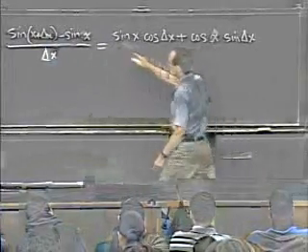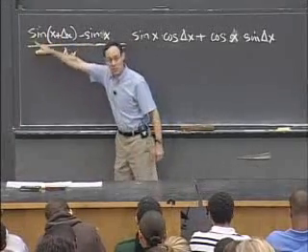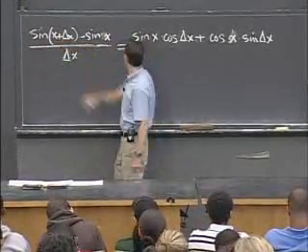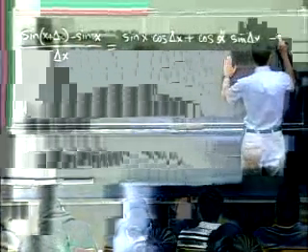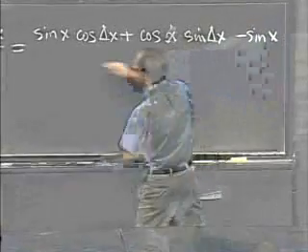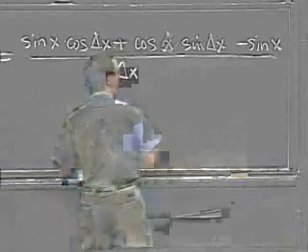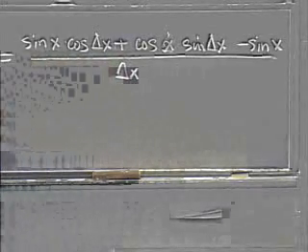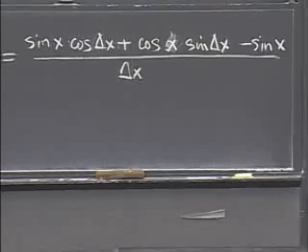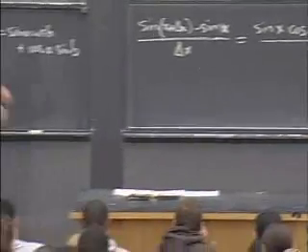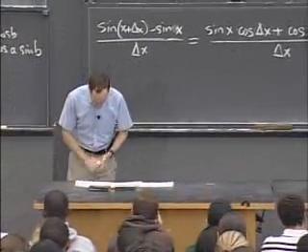Now that's just the first part, just this part of the expression. I still have to remember the minus sine x. That comes at the end, minus sine x. And then I have to remember the denominator, which is delta x.